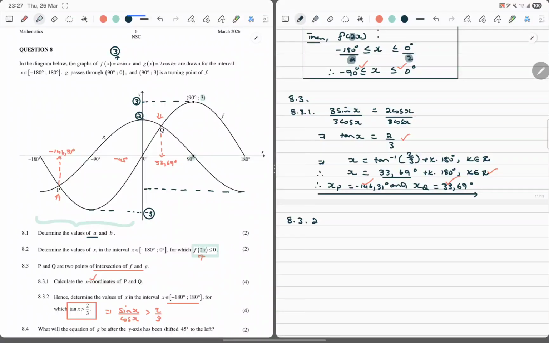Let me do this. Of course, if you follow this, we start from where they are equal. And then we come here. These are some of the areas to consider.